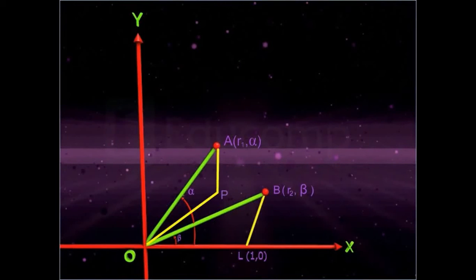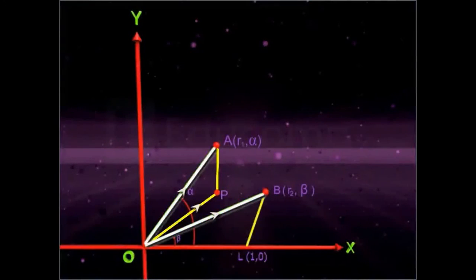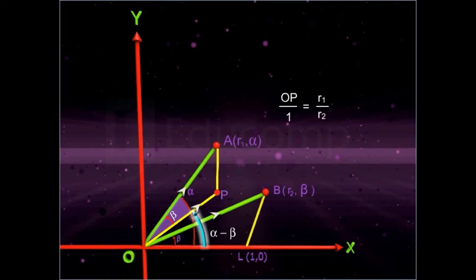Also, construct another triangle OAP similar to this triangle. The ratios of corresponding sides of these two triangles are equal. This fact helps us to derive that OP is equal to r1 upon r2. Also, angle POX is equal to alpha minus beta.